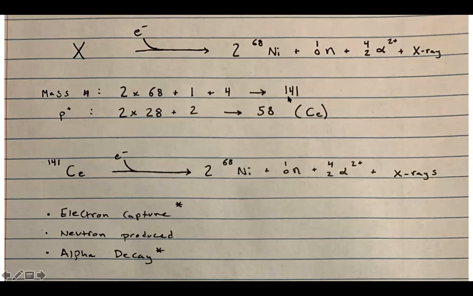So 141 is our total mass on the product side, and therefore must be our total mass on the reactant side, right? So parent nucleus X has a total mass of 141.